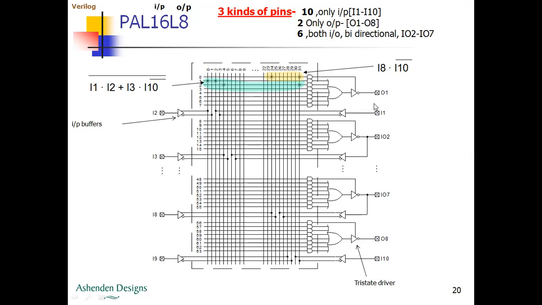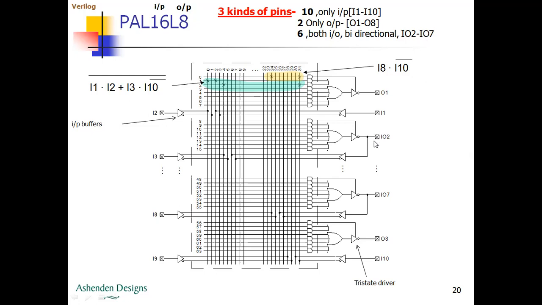And we have six lines which can act as both input lines as well as output lines. Hence, these are called bidirectional lines. So we have six lines which can act as both input and output lines, hence they are called IO lines or bidirectional lines, and those are I02 to I07.